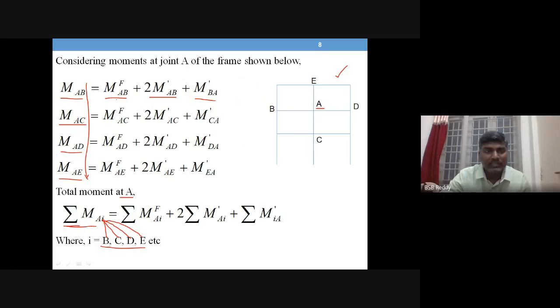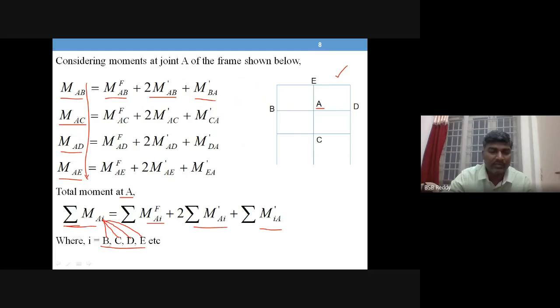Similarly, we have the sum of fixed end moments at A from all four members, and 2 times the sum of all near end rotation contributions, plus the sum of all far end rotation contributions, which means M dash BA plus CA plus DA plus EA.